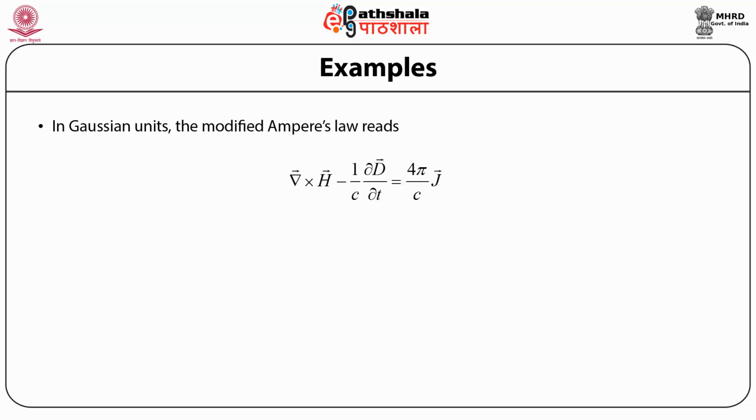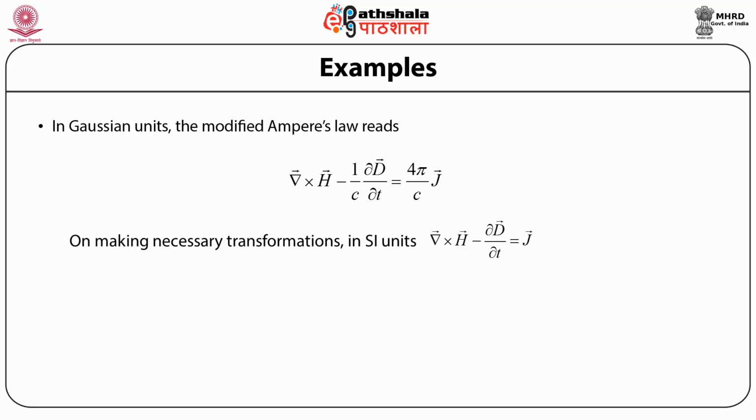H vector by 4 pi mu naught whole raised to power half into H vector, C by 1 divided by under root of mu naught epsilon naught, D vector by 4 pi divided by epsilon naught whole raised to power half into D vector, and J vector by 4 pi epsilon naught raised to power minus half into J vector.